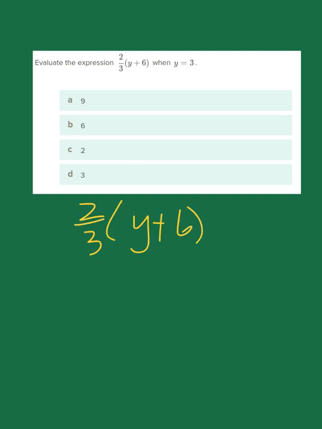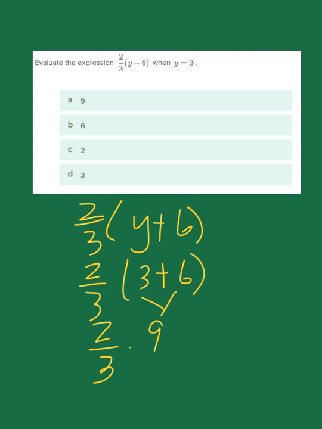All right. So here's my problem. I'm going to replace y with 3. Do what's inside the parentheses first. 3 plus 6 is 9. Ooh, 2/3 times 9. I can hear the questions now. Mr. Rock, how do I do this problem?